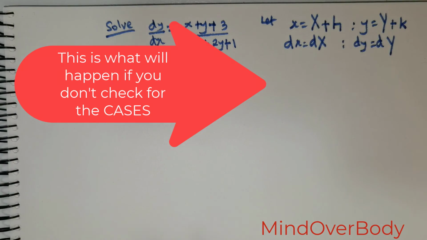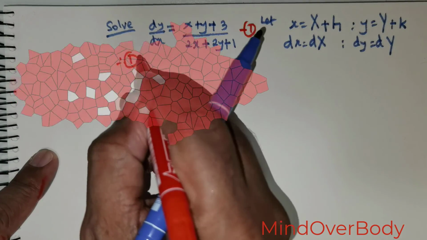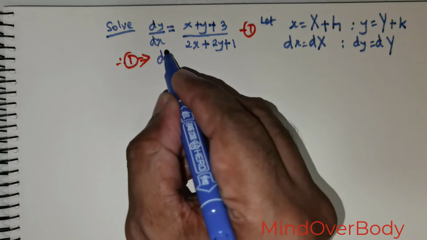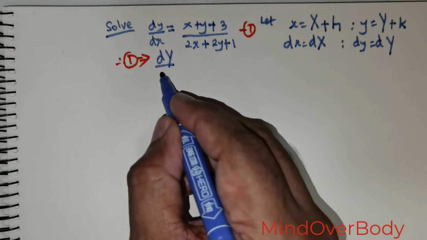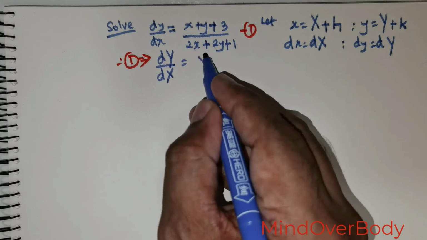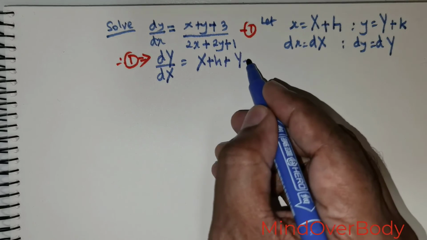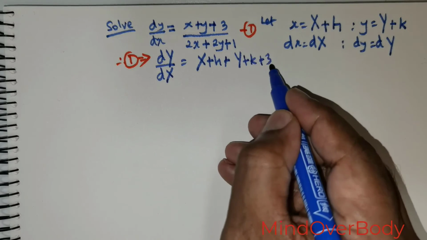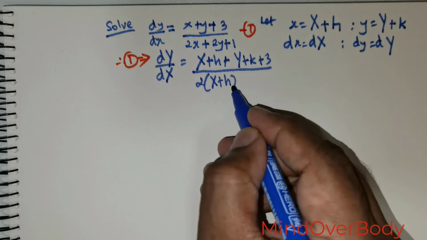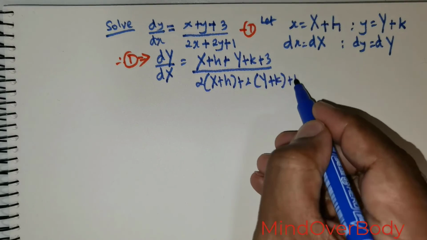So I'm going to take this as 1, and I'm going to rewrite 1 as, in place of dy it's going to be capital dY, in place of dx it's going to be capital dX, in place of x it's going to be capital X + h, in place of y it's capital Y + k + 3, divided by 2 times (capital X + h) + 2 times (capital Y + k) + 1.